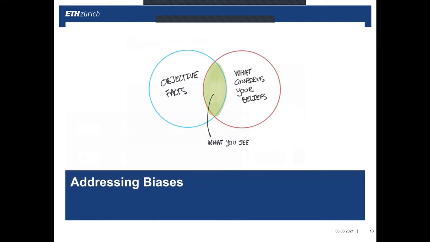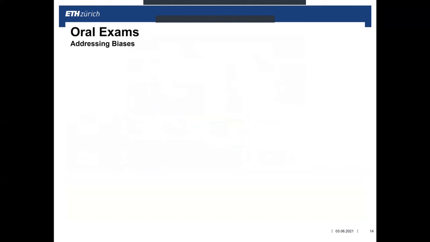So then how do we address biases in oral exams? Now, oral exams are a situation that is very prone to judgment biases. And the judgment biases I would like to highlight now are a bit different to the ones that we're perhaps most sensitive for, which is gender, which is ethnicity, which is socioeconomic background.